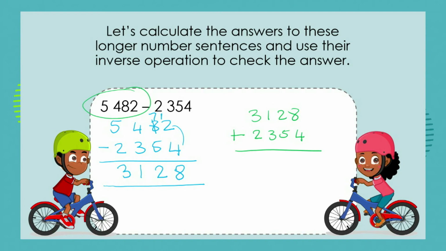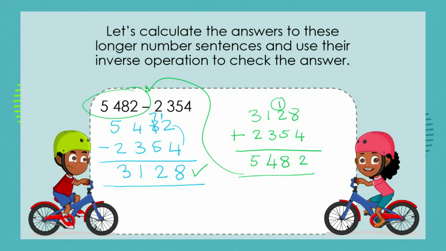So 8 plus 4 gives us 12, put the 2 down, carry the 1. 2 plus 5 gives us 7, remember the 1 that we carried, 8. 1 plus 3 gives us 4, and 3 plus 2 gives us 5, which means our answer is 5,482, which matches this number, means our answer is correct.